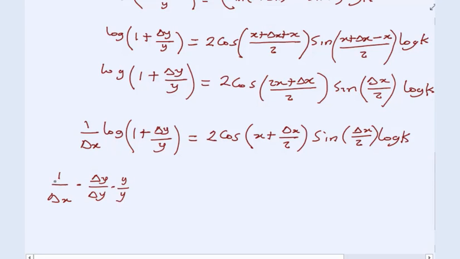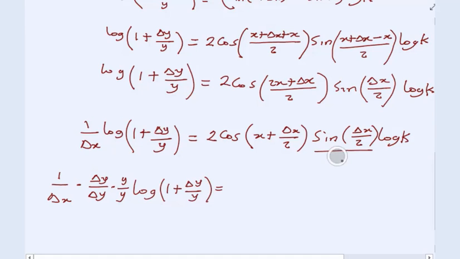So 1 times 1 over delta s is still 1 over delta s. So I have not changed anything because they can divide themselves and the answer will be 1. So this is log of 1 plus delta y all over y is equal to, I forgot to divide this one by delta s.